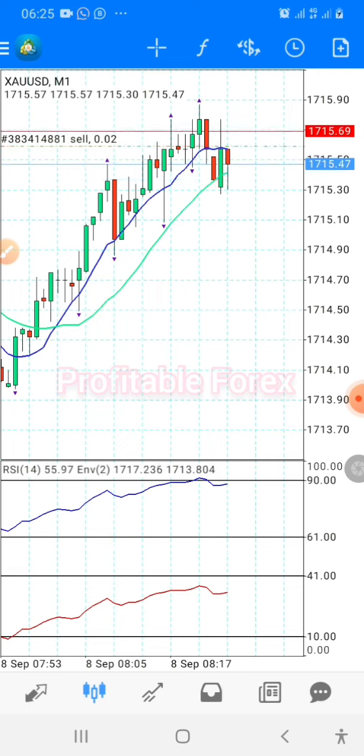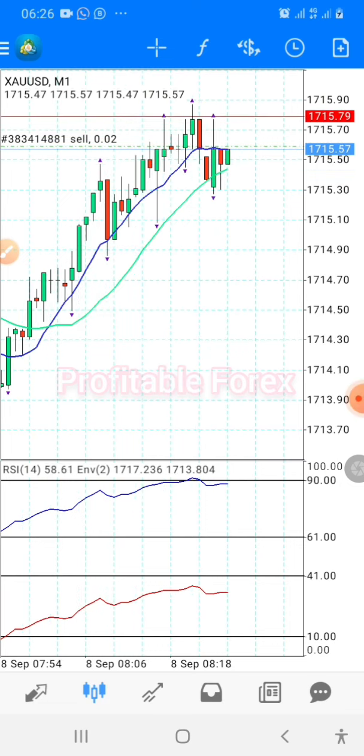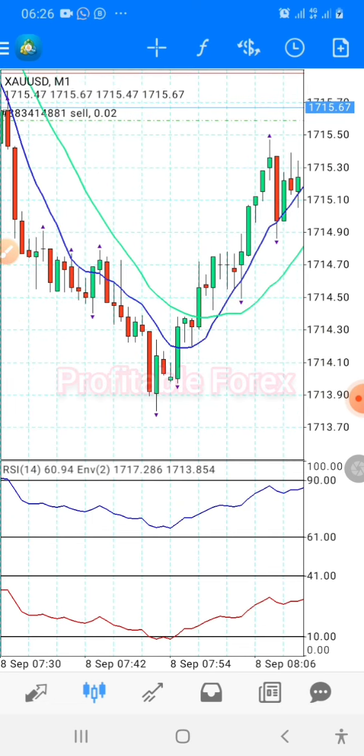It works in all time frames, even the daily time frame, but for the sake of this video we're going to scalp. And when you're scalping, you don't stay long at the market, you don't hold on to a trade for so long.